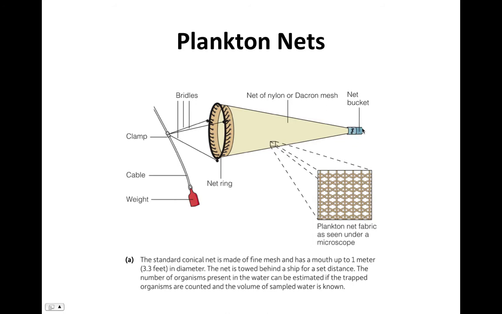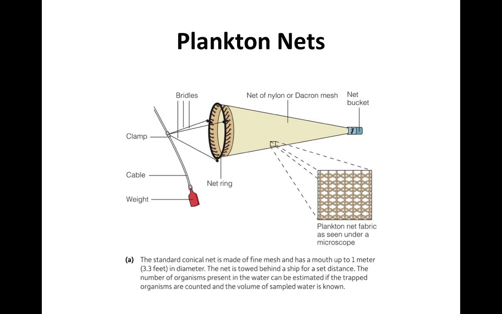Then if you drag this net through a certain distance, you can calculate the volume of water sampled and look at the number and diversity of plankton in that water. That's one way that we can measure the biological productivity of waters in different locations, without indirectly measuring the chlorophyll concentration from space. We can do it directly here.